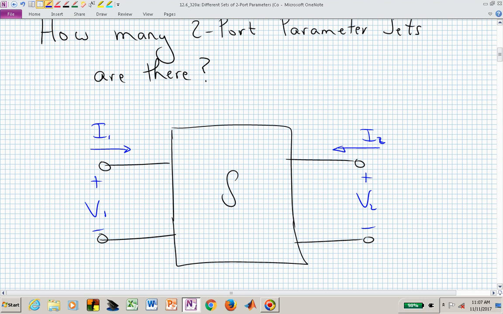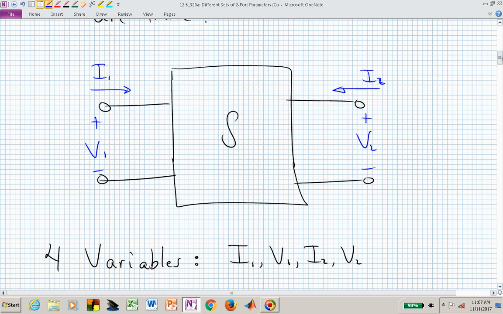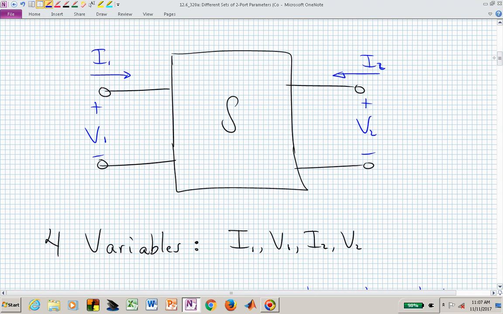I1 going in on the left has to be I1 coming out at the bottom on the left, going from right to left on the bottom, and I sub 2 likewise needs to be coming out of the bottom, going from left to right, to satisfy the port current requirement. But we have 4 variables in these two-port parameter setups: I1, V1, I2, and V2.